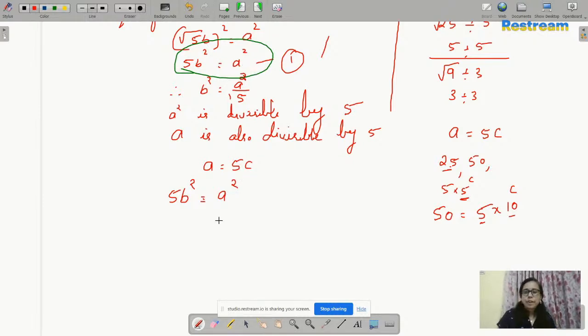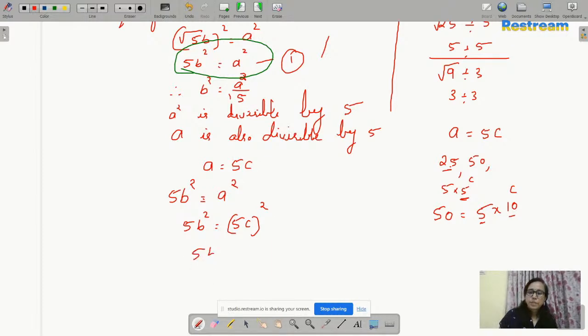So 5b square is equal to A square. What is A now? A is equal to 5c. So 5c whole square. Got it? Because A is divisible by 5, the value of A is equal to 5c. Now A square is equal to 5c whole square.